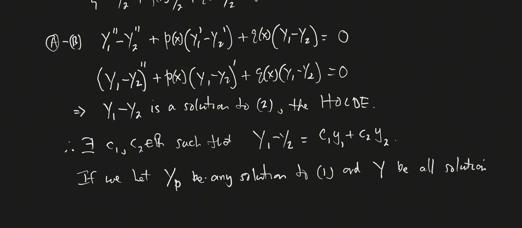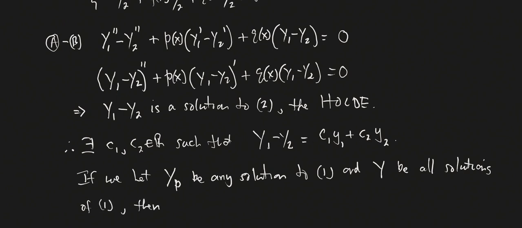Notice the qualifiers here. Y sub p is any solution to the non-homogeneous equation, and big Y with no subscripts is all solutions of 1.